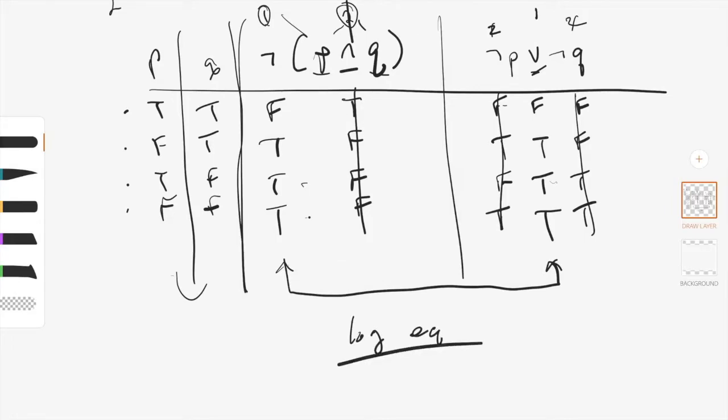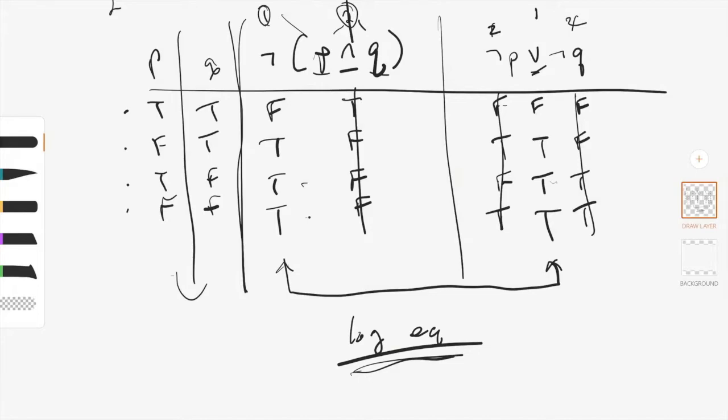Now let's think about what it means for expressions to be logically equivalent. Essentially, expressions that are logically equivalent can be substituted for each other either on a line by itself or as part of a larger expression in a proof without changing the truth value. That's the beauty of logical equivalence.